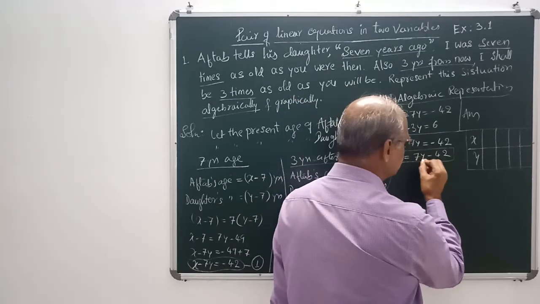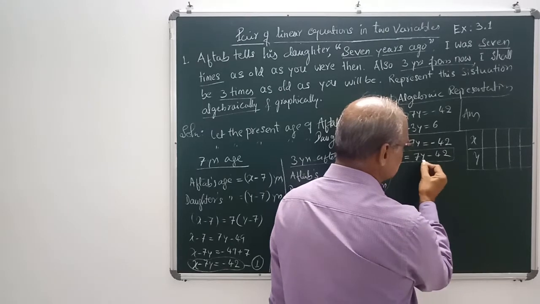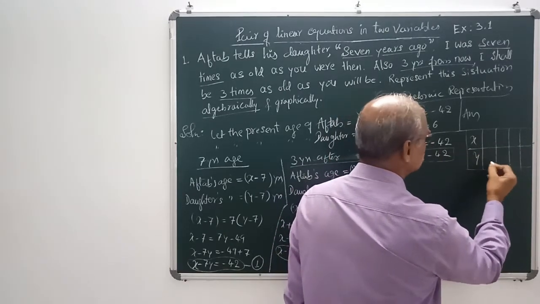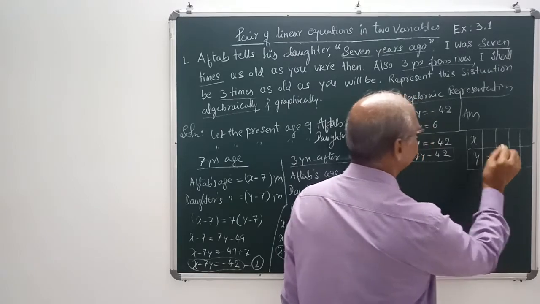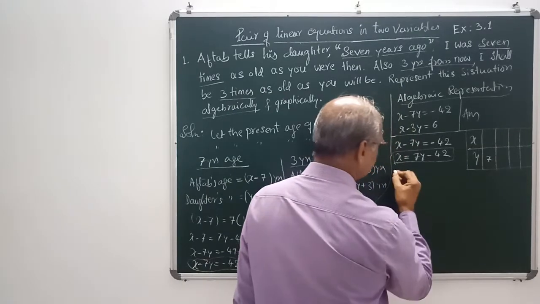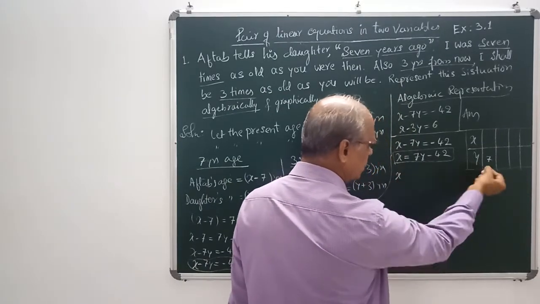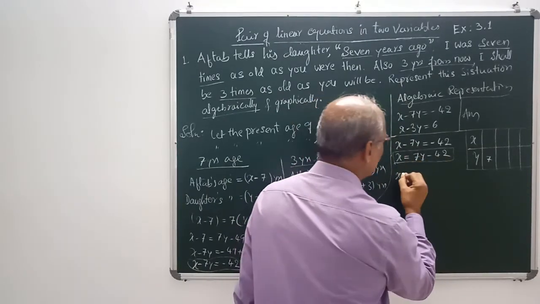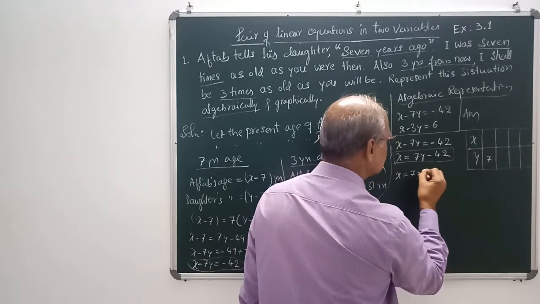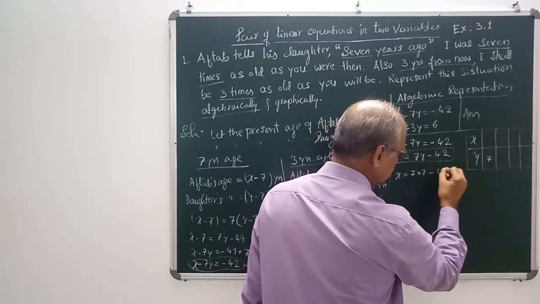Okay, in the first case, suppose I take y is equal to 7. What happens here? In that case, solve the equation by putting the y value and find the x. x is equal to 7 into, what is the y value I have assumed? 7 into 7, minus 42. Right?